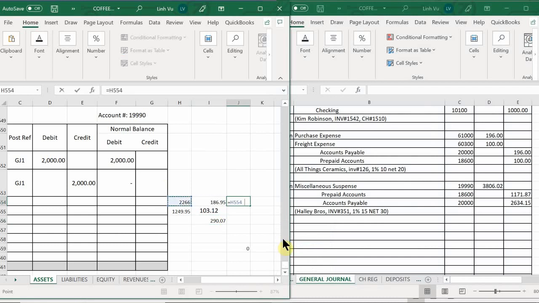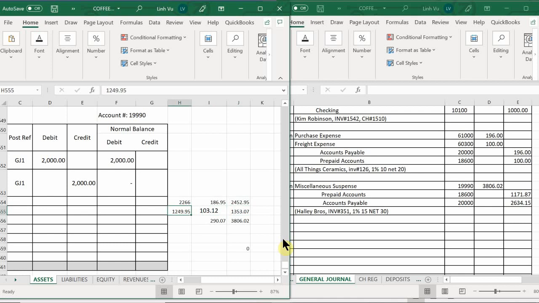All right. So that means my total coffee brewer is $2,452.95, while my coffee grinder is $1,353.07, to give us 3,806.02, which is correct, right? That's the amount that we owe. So I'm going to make a note of it.